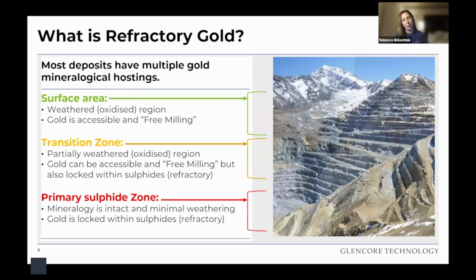But as we move lower in the ore body, we start to encounter a transitional area where we've got both oxidized material and sulphide material coexisting together. The gold associated with this oxidized material remains amenable to direct cyanidation, but now a percentage of that gold exists locked within the sulphide materials that are present, and this isn't as readily recoverable via cyanide leaching.